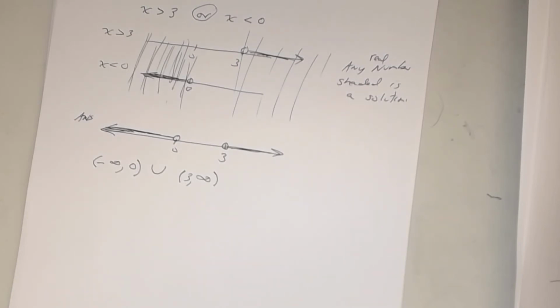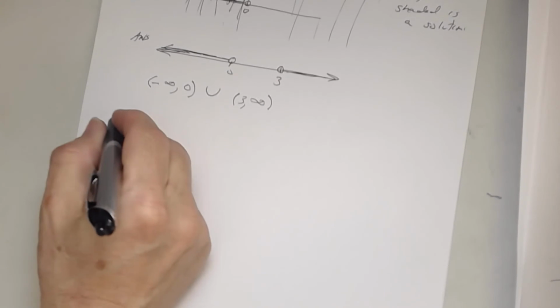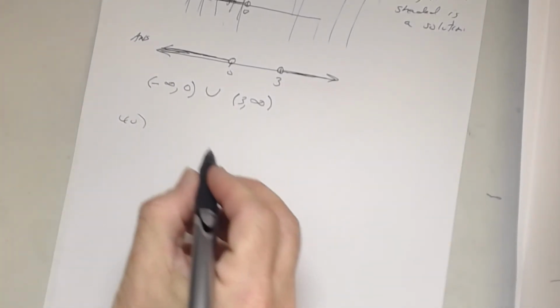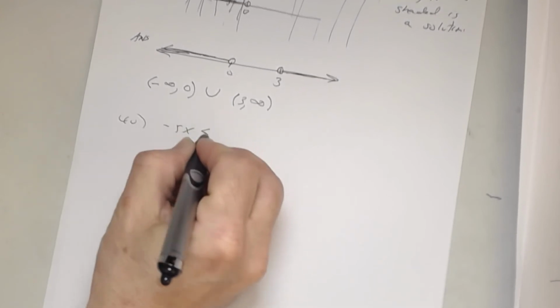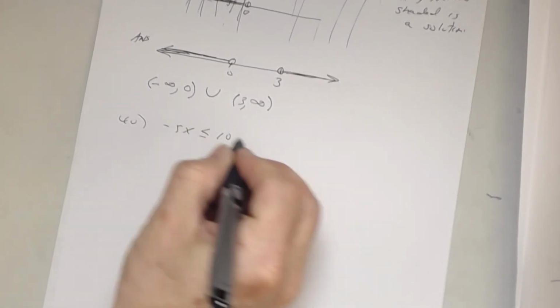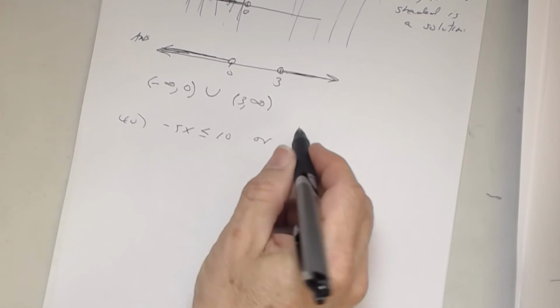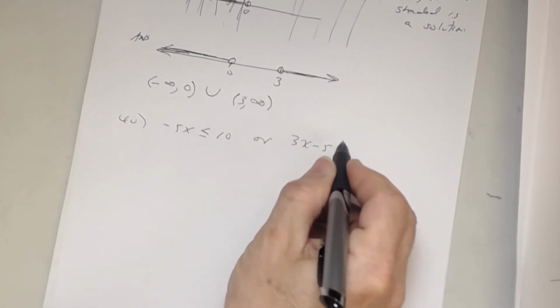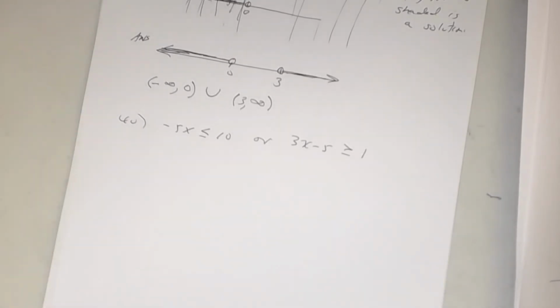So let's look at this one. Suppose we had, okay, so this will be number 40. Suppose we had negative 5x is less than or equal to 10, or 3x minus 5 is greater than or equal to 1.